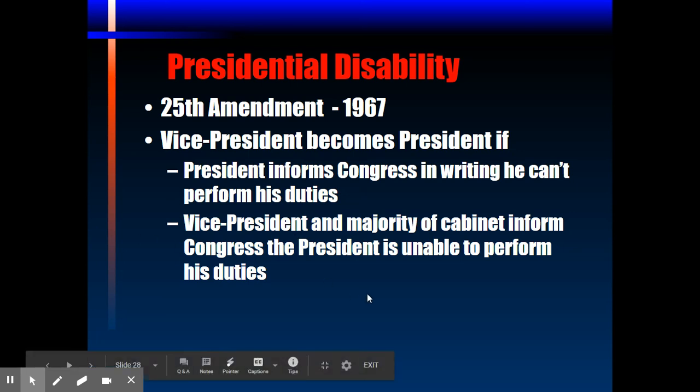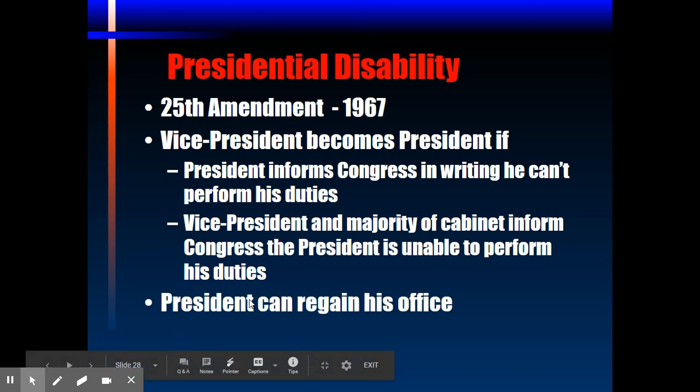The vice president and the majority of the cabinet can also do it without the president's say so, or even against the president's wishes. The vice president and the majority of the cabinet can inform Congress that the president's unable, and then Congress would take those powers and transfer them.